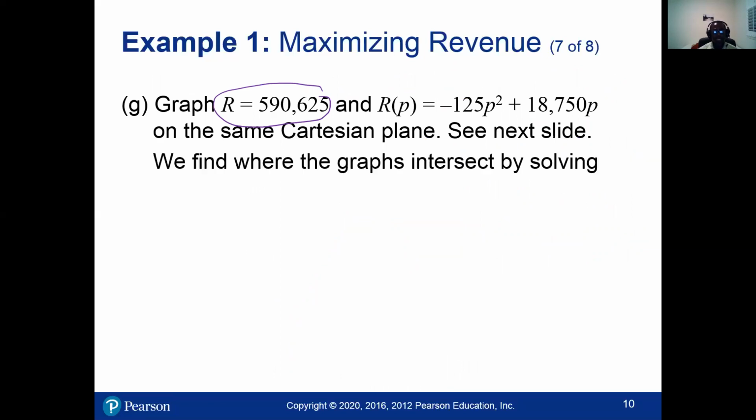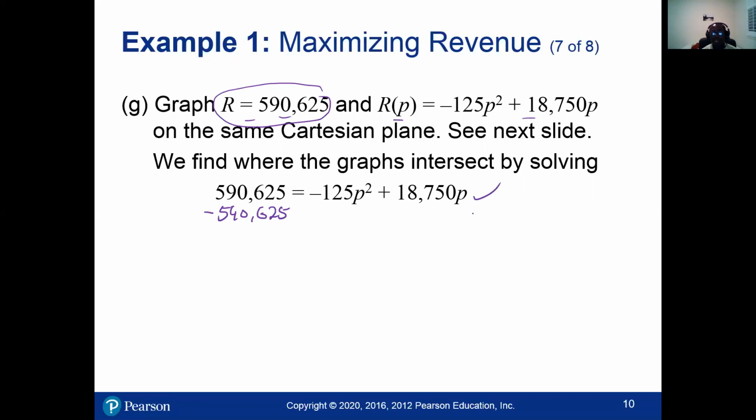But say we find where the graph intersects by solving this equation. When you equate these two, your R is equal to that, and R of p is also equal to that. So if you equate these two, we have this equation to solve. Okay, so let's subtract 590,625 from both sides.